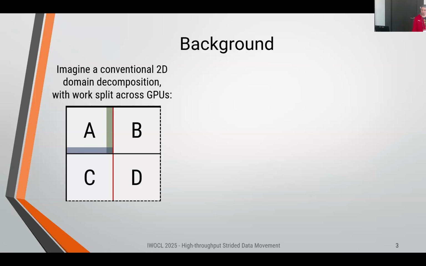Great. Okay, so let's start with a bit of background. Basically, you can imagine, as we saw this week quite a few times, you have, for simplicity, a 2D space where you do the domain decomposition, and then you have to move some elements from one GPU to another GPU.